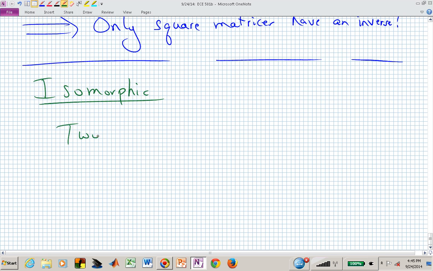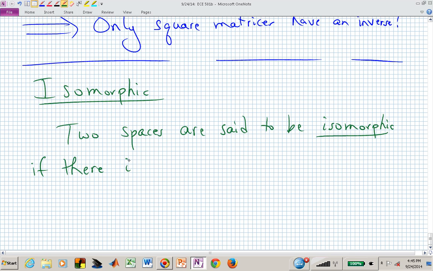Two spaces are said to be isomorphic if there is an invertible linear map between those two spaces.